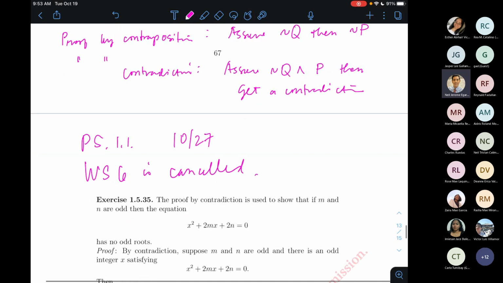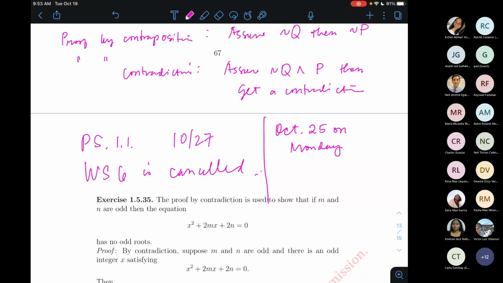So yung problem set will be available on October 25 on Monday. Right? October 25 Monday, siguro by 8 a.m., magiging available na siya sa Canvas.